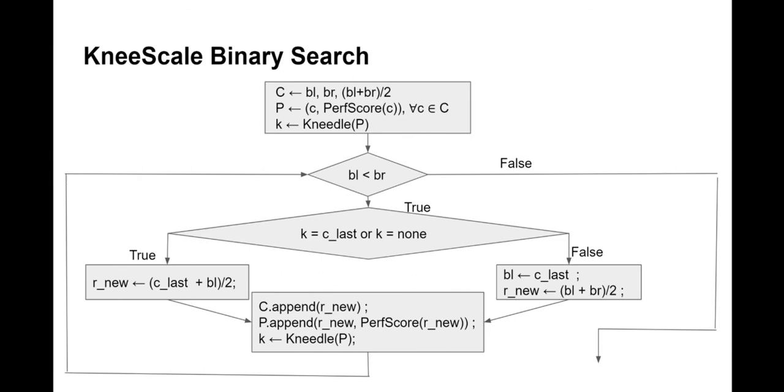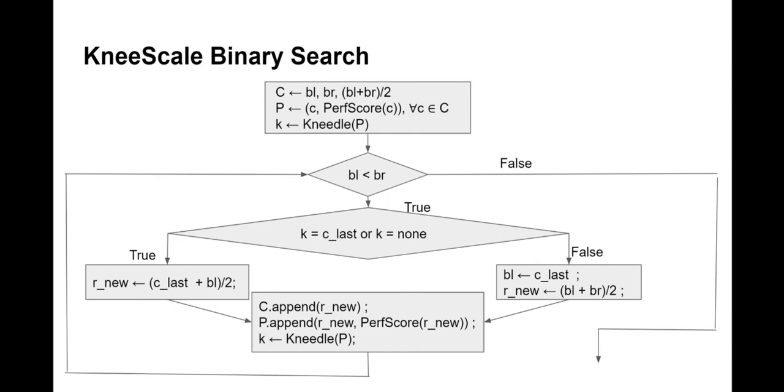In each iteration, the search direction remains unchanged if the most recent data point, C last, is detected to be the knee or a knee is not found. Otherwise, we start exploring resource allocation in the opposite direction after resetting BL to C last if the new search direction is right, and resetting BR to C last if the new direction is left.